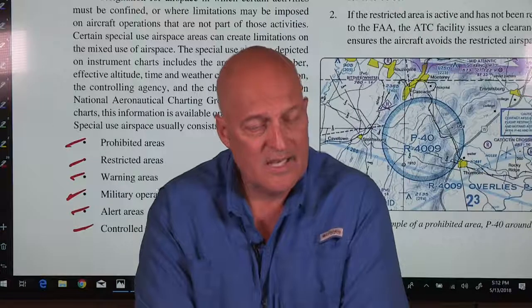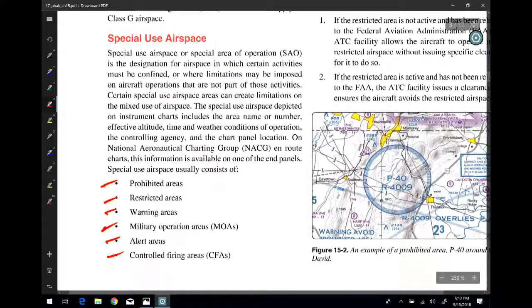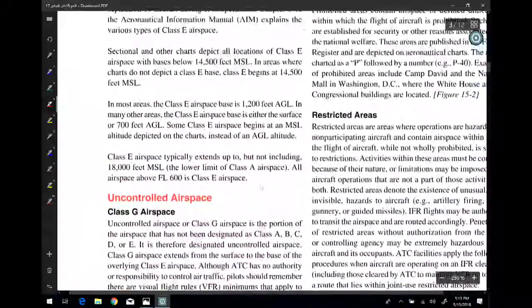Yeah, we have a lot of that airspace, especially out in the West, that lets our men and women in uniform get out there and practice in high-speed, high-performance aircraft in those military operation areas, controlled firing areas, as well as some of these alert, restricted, and prohibited areas. So we're going to talk about those for just a little bit.